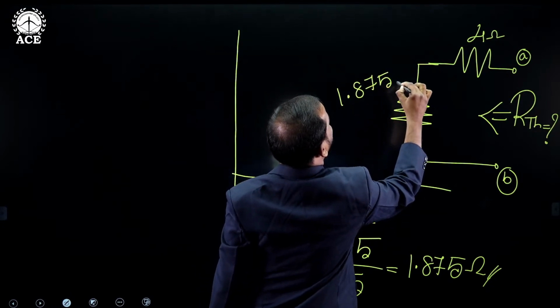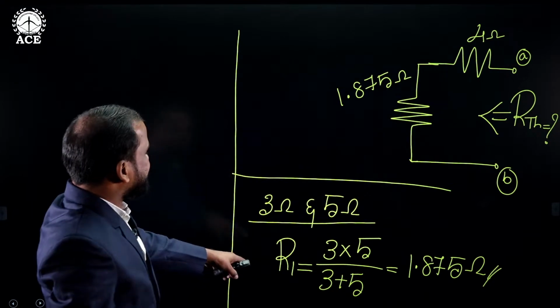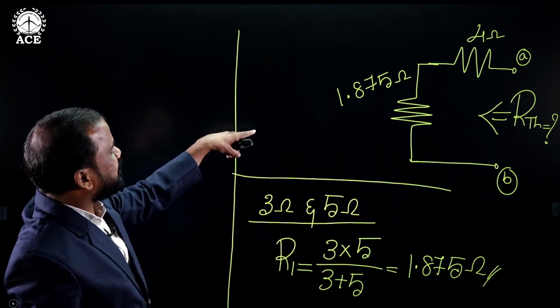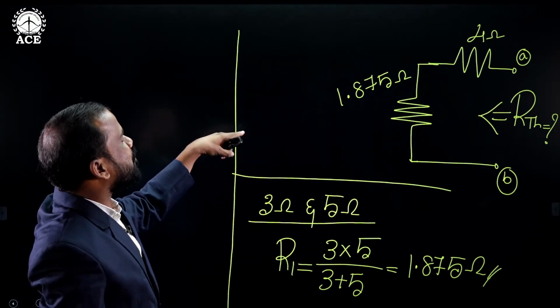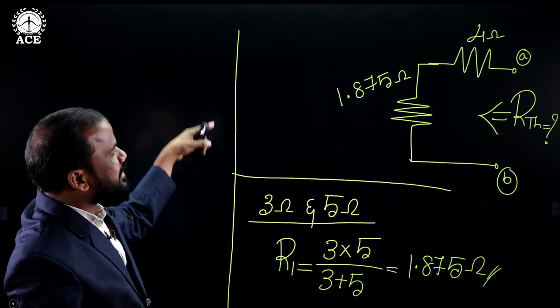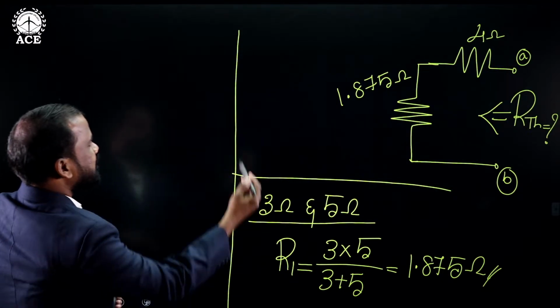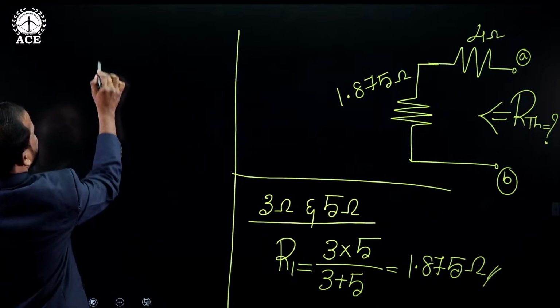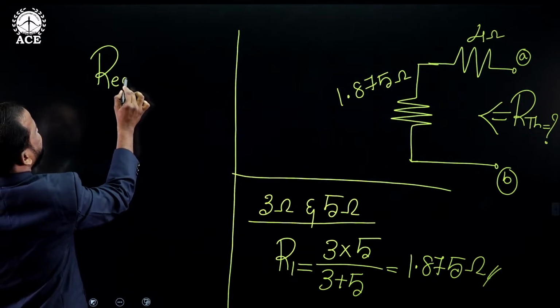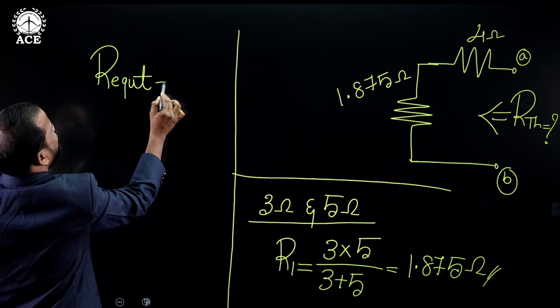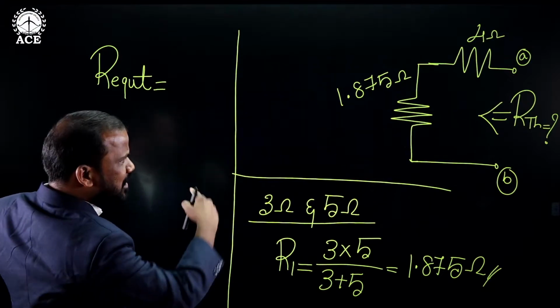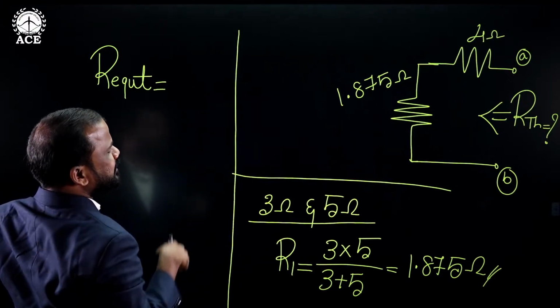After replacing this value instead of that parallel combination, the 1.875 ohm is connected in series with the 4. By adding these two values, you will get R equivalent, that is the equivalent resistance, because we do not have any more resistances. We have only two resistances, both connected in series.